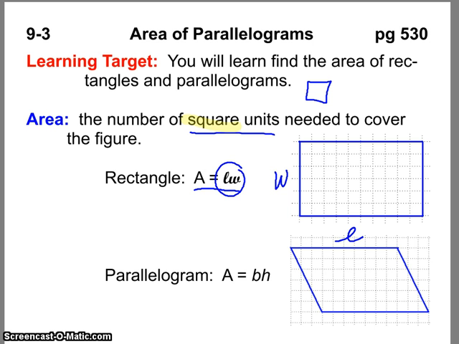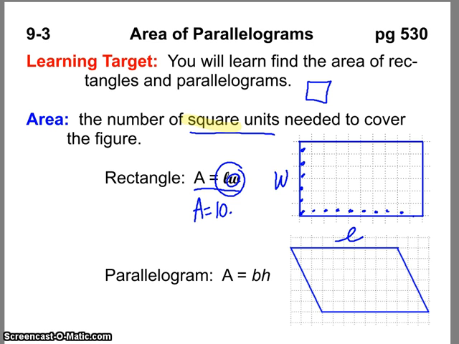Let's count how many square units the length is. We have 1, 2, 3, 4, 5, 6, 7, 8, 9, 10. So if we go back here, L is 10, or the length is 10, and the width is 1, 2, 3, 4, 5, 6.